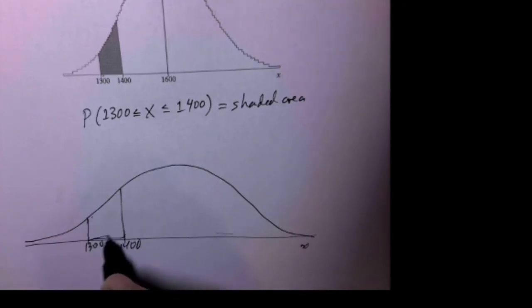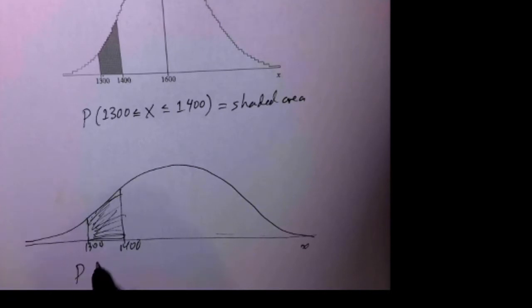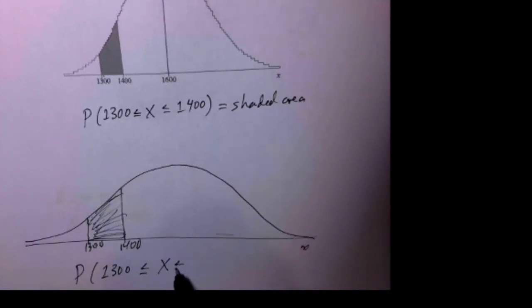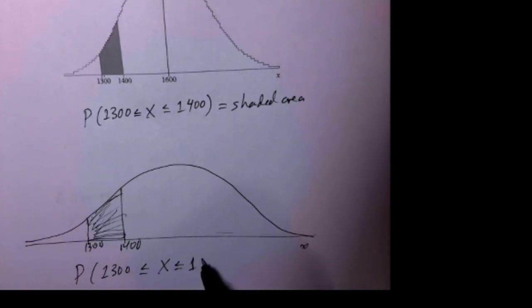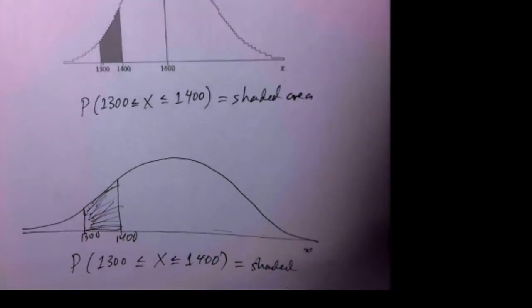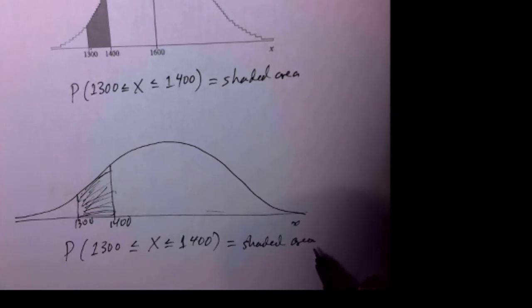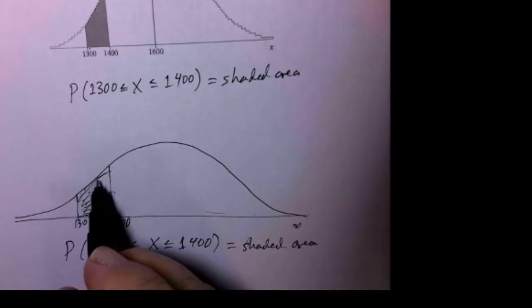But there is a way to do it. It's using calculus. And it is still true that the probability that x is in that interval, 1300 to 1400, is still the shaded area: the area over the interval and under the curve.